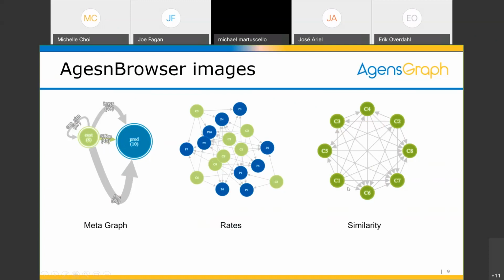This was similarity, I showed you that once before, and this is rates. Now, you might notice here that it identifies the fact that there seem to be two little pools of products. P3, 4, 7, 9, and 10 seem to be one pool of products, and this is another pool of products. C3 bought these, and C4 and 5 bought these. It might be that these two pools are product categories that you probably might not be aware of.